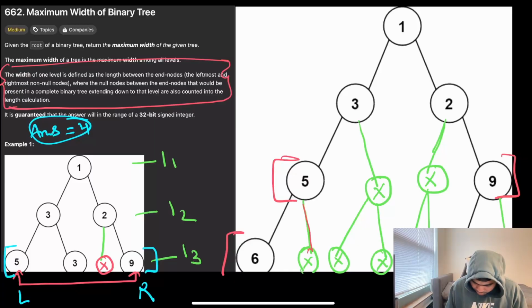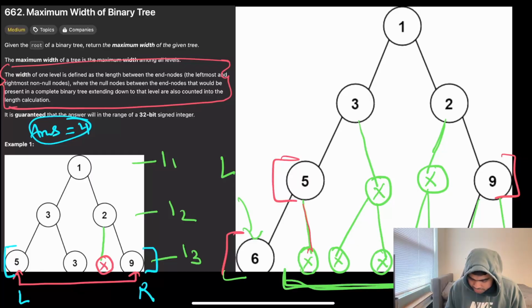Now in this example, we find out the leftmost non-null node is 6, and the rightmost non-null node is 7, but they were supposed to have these nodes in between which do not exist.